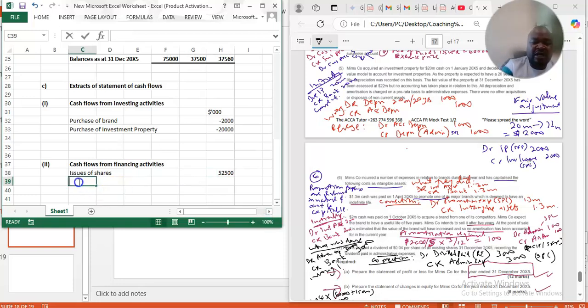There was also an aspect of dividend paid, and this one is an outflow, so it should be negative.